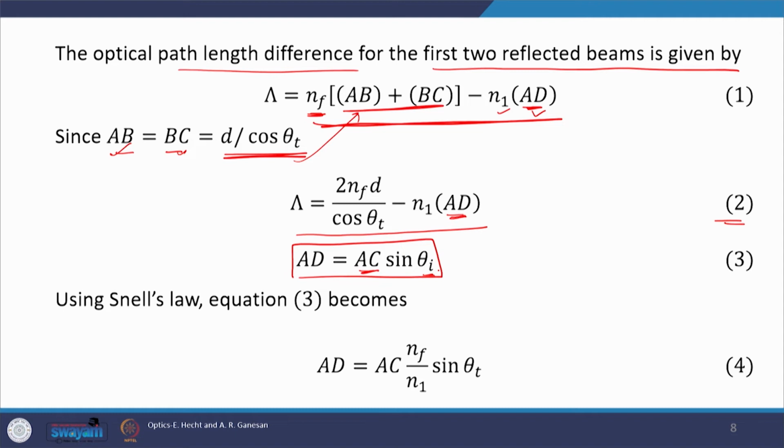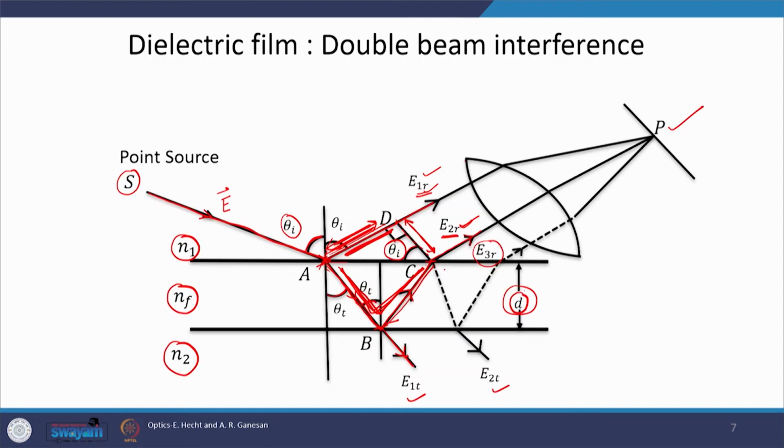Suppose we want to represent everything in terms of theta t, then we can use Snell's law. And what is Snell's law? You see in this figure, sin theta I upon sin theta t is equal to NF upon N1.